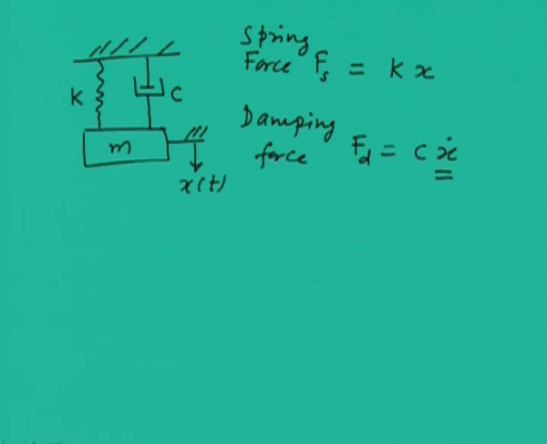For the present analysis, we will not consider damping. In the subsequent lectures, we will consider the damping effect. And the third thing is the mass, which gives the inertia force. That inertia force is proportional to the acceleration.